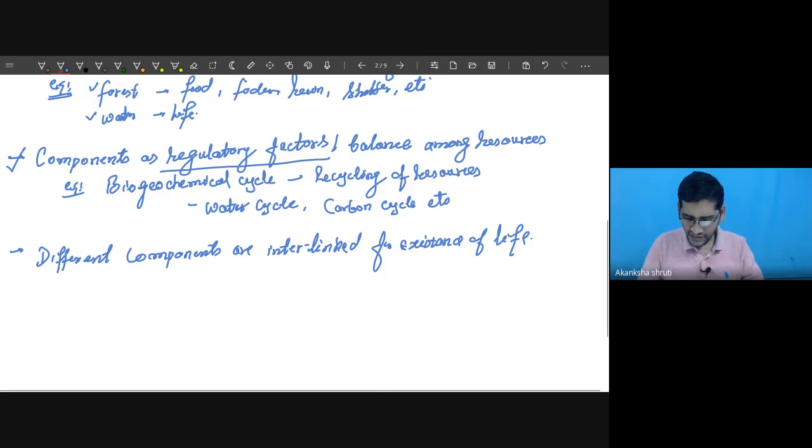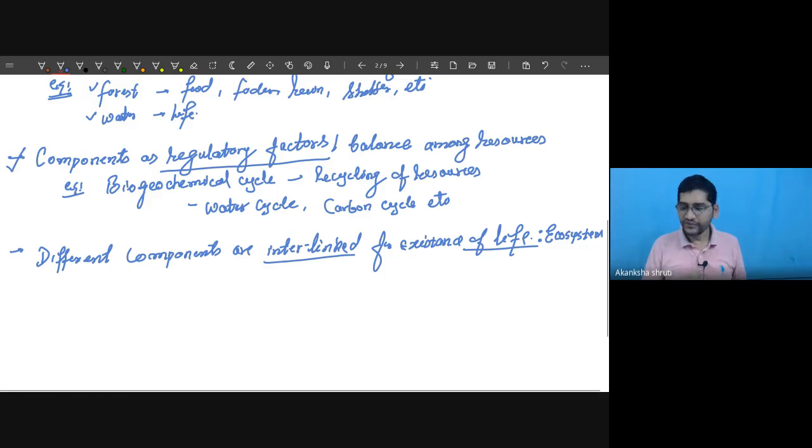So this interlinking of different components so that life can exist is called an ecosystem. Okay, so such a region or such any area or volume of environment where these biotic and abiotic factors exist and can sustain there, it is called an ecosystem.